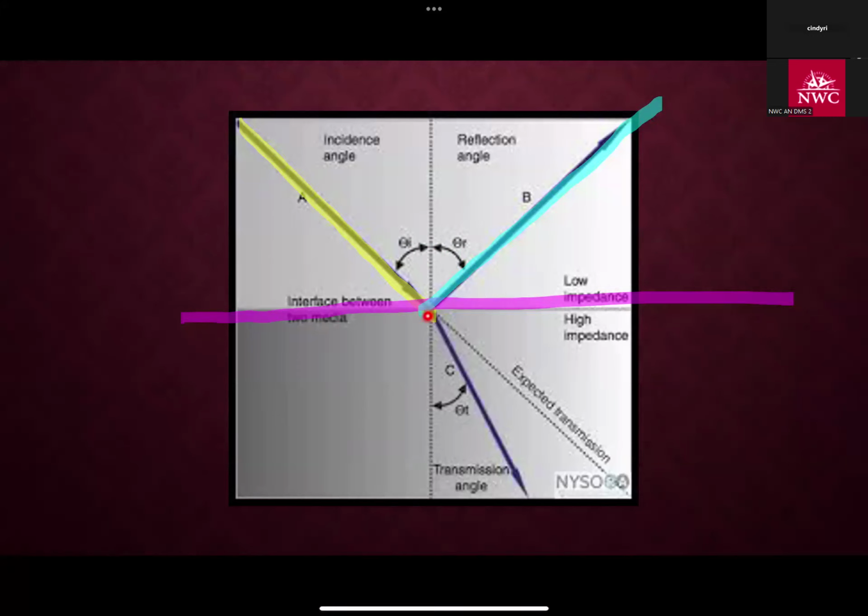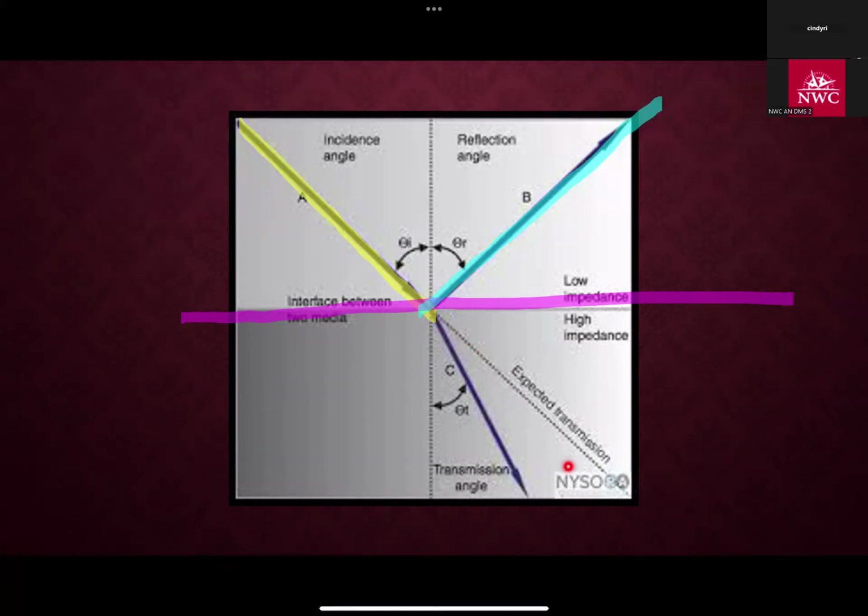The transmitted angle, though, now let's focus our attention here. You can see that here's a dotted line, and it says expected transmitted angle. And this is the transmitted angle. So this is what was expected, but this is what it really is. If I look at what I expected the transmitted angle to look like, I did expect it to go in the exact same direction as the yellow, which is the incidence.